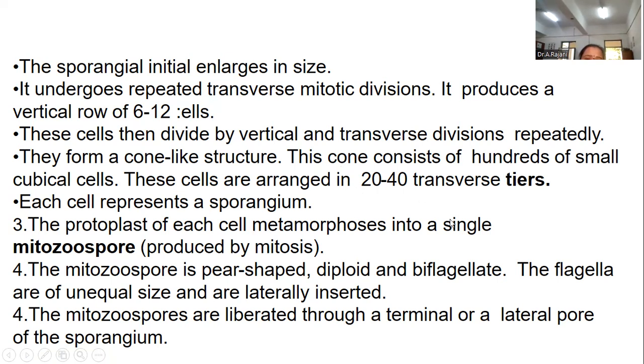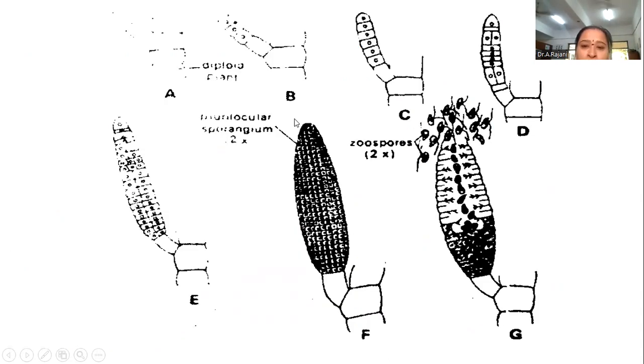These form protoplasts that metamorphose to produce the meiospores. These meiospores are pear-shaped. See, this is called the cone shape, and each and every zoospore is called a pear-shaped zoospore.